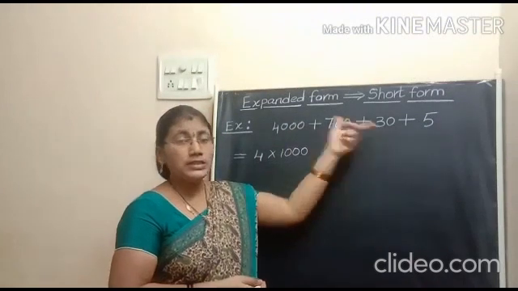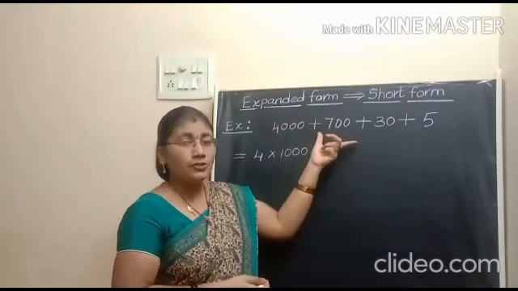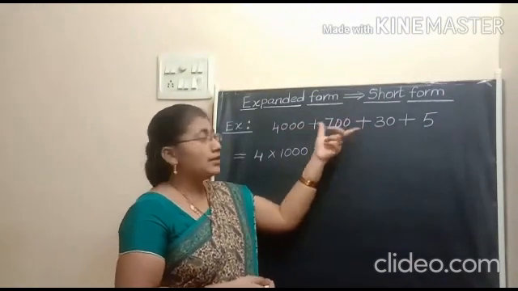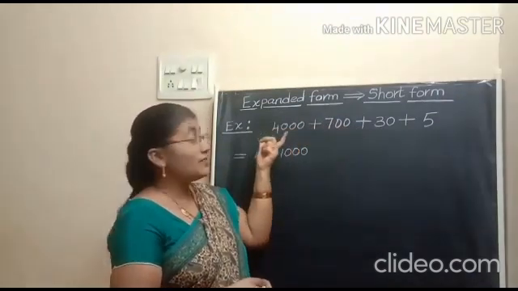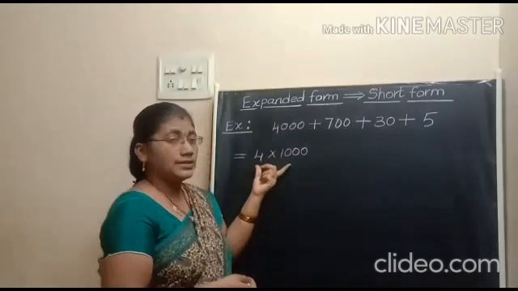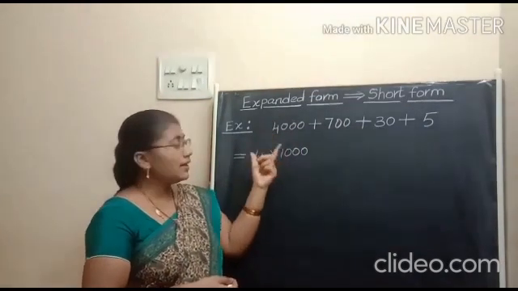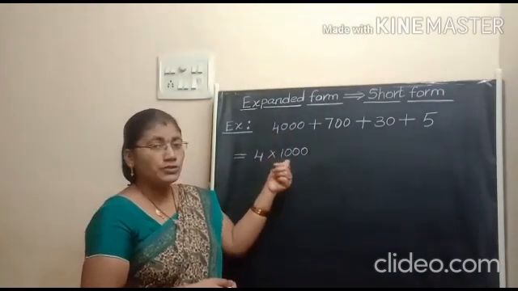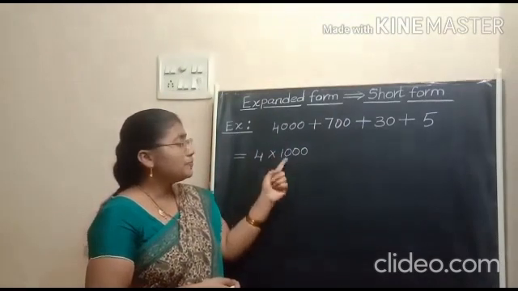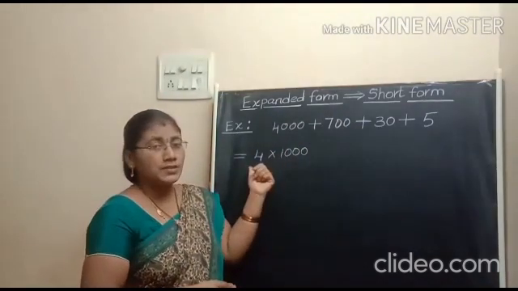Expanded form means sum of place values of digits. This is the place value of 4. We can write it like this: 4 into 1000. 4 is the face value, 1000 is the place of the digit.